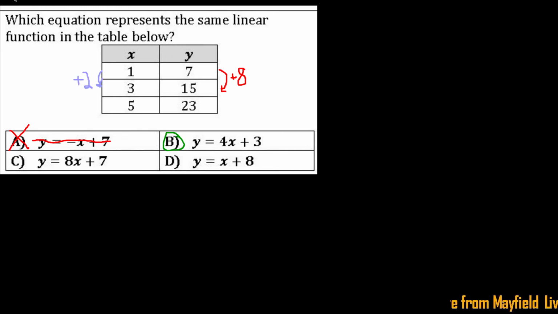So that means our slope m is always the change in y over the change in x. Our change in y was 8, so I have 8 over 2 because my change in x was 2.